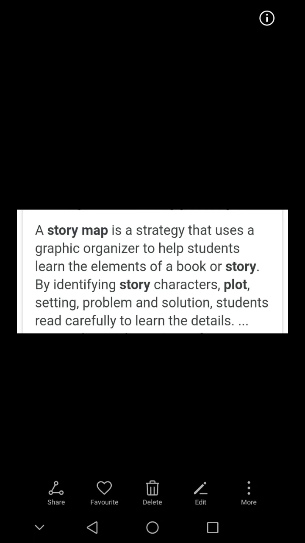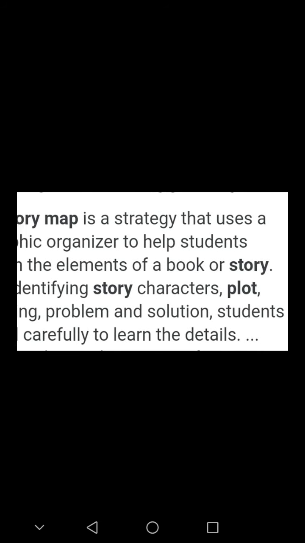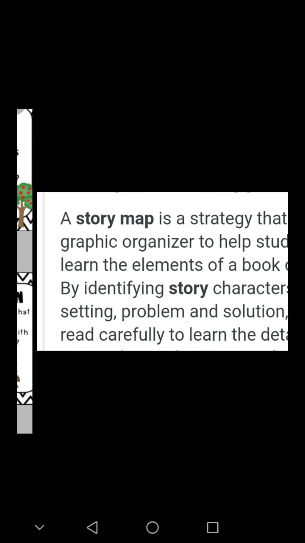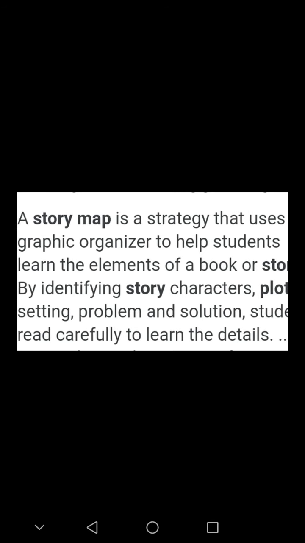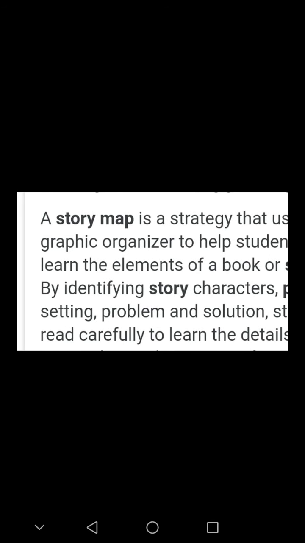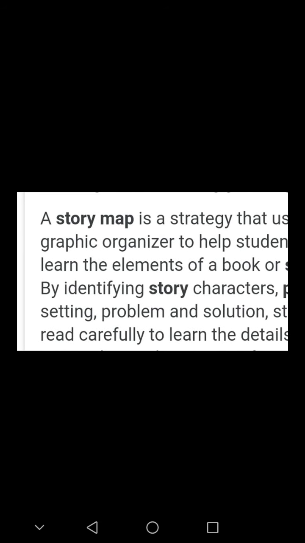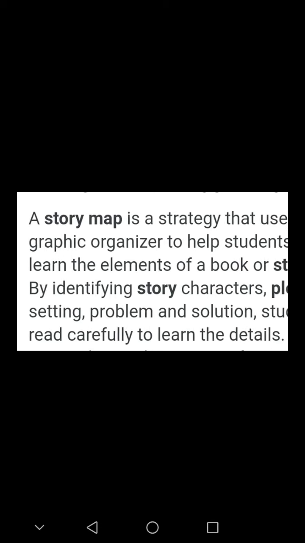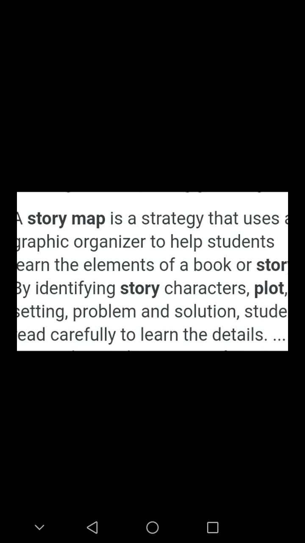A story map, as written here, is a strategy that uses a graphic organizer to help students learn the elements or parts of a book or story by identifying story characters, plot, setting, problem, and solution.